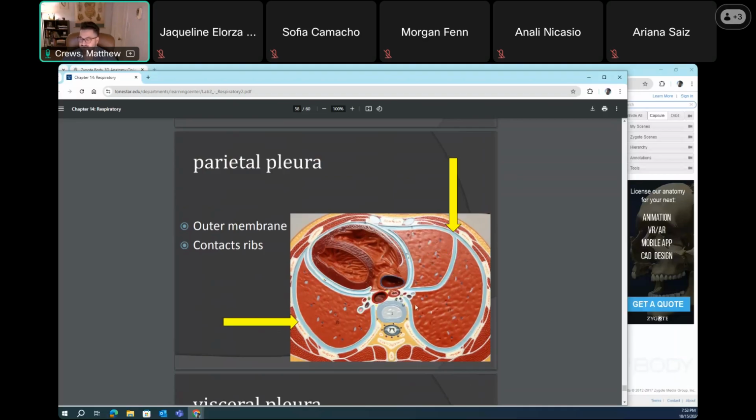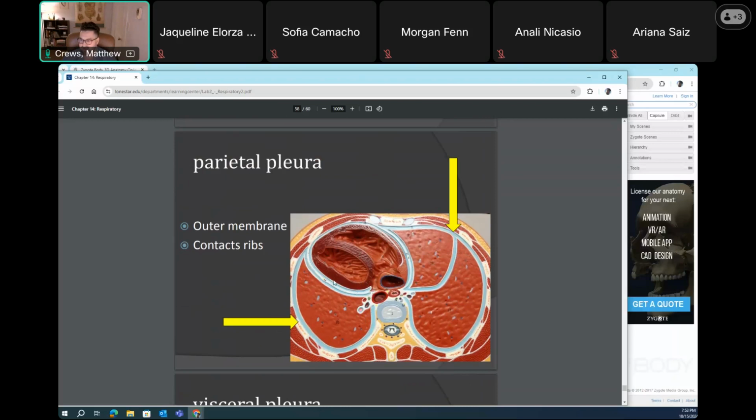You've got lower and middle lobe right here, and then just a lower lobe right there. And then your heart right here.